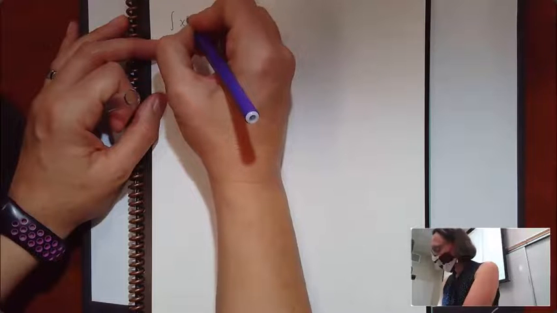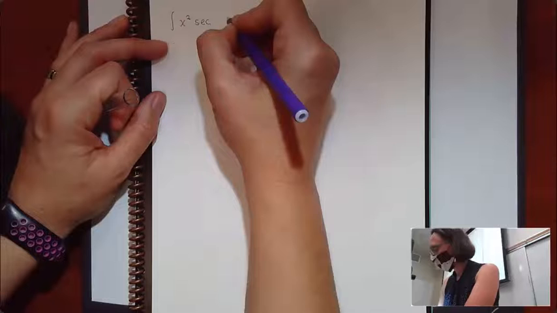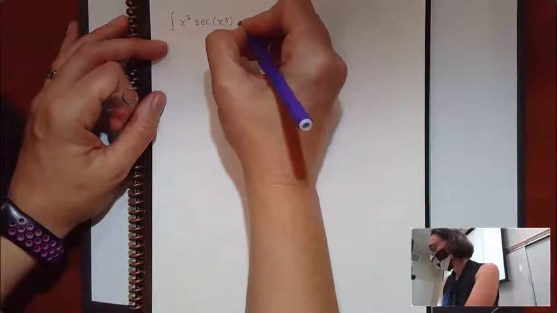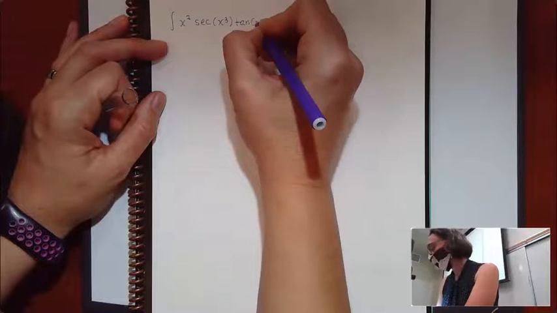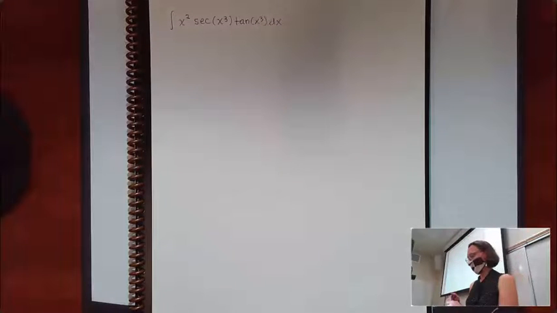So let's say I had x squared secant of x cubed, tangent of x cubed. Sure. Let's do this.